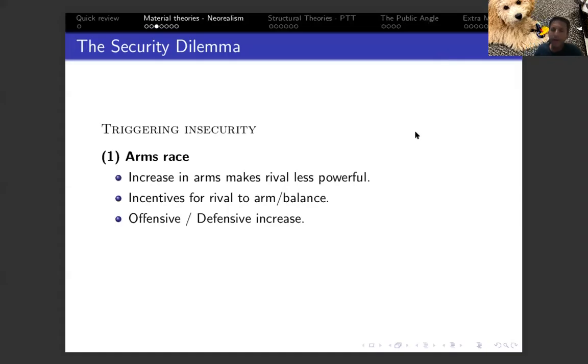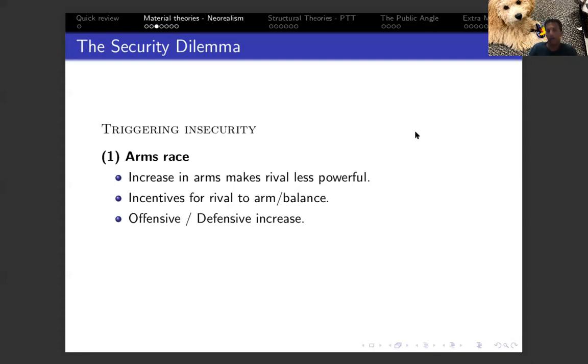If we add here the offensive-defensive balance logic, it also has an effect on the extent of insecurity that I'm feeling. An increase in offensive power, which is matched by my adversary, so an arms race involving offensive capabilities, makes me stronger. My adversary also engages in an arms race of offensive capabilities. It makes him stronger as well. But overall, both of us are less capable of defending ourselves.